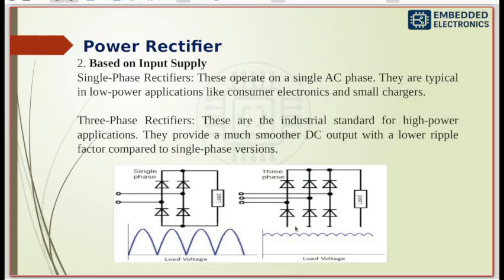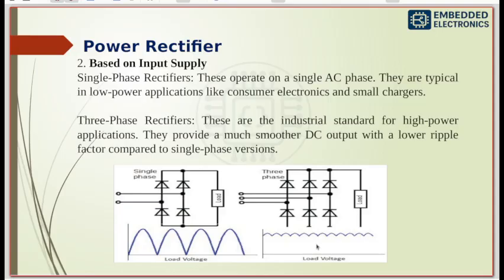So the gaps are filled in before the voltage has a chance to drop to zero. This is why the three phase graph looks like a slightly bumpy, straight line rather than big hills. So in three phase we are using three input terminals.